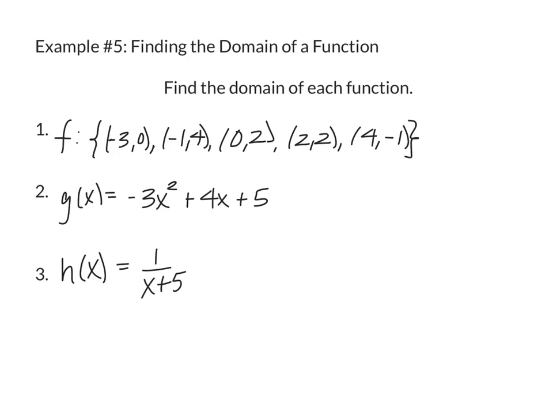So we need to find the domain of each function. The first set, we have simply just ordered pairs. And so we would just list the domain of those ordered pairs.